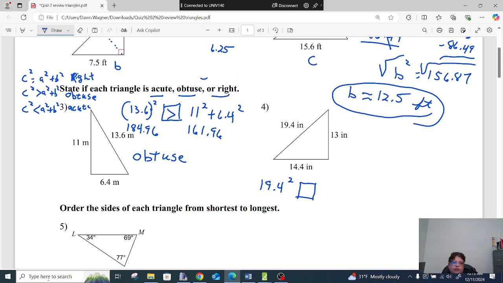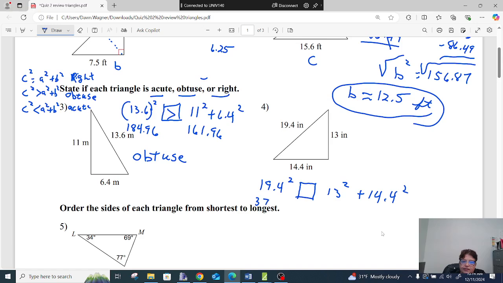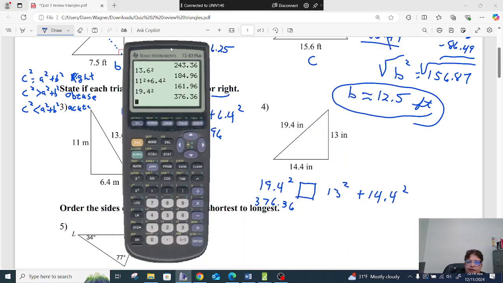You're welcome. So 19.4 squared, and then I'm going to put 13 squared plus 14.4 squared. And I'm going to check to see the relationship. 19.4 squared is 376.36. And then I'm going to check the sum of the squares of the other sides.